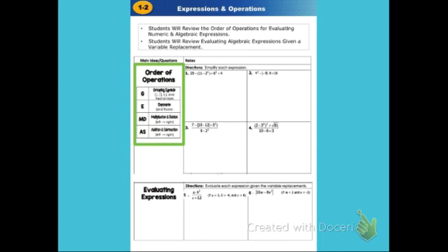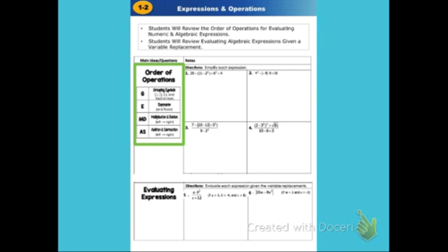And if one person applies the operations in one order and another person applies them in a different order, and there's not some set rules for that, then we're going to get different outcomes. And so there's been this set of rules established for the order in which we do certain operations.